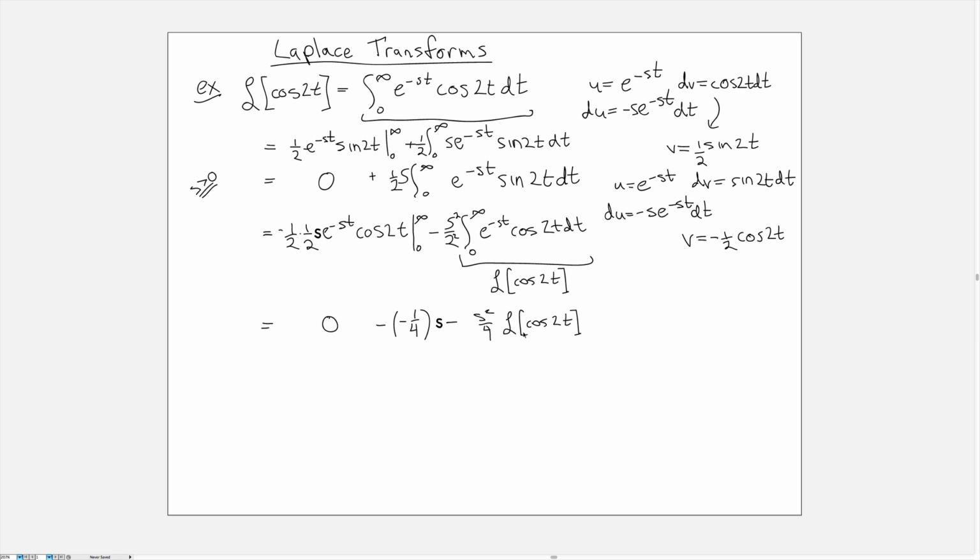So how do we figure out what the Laplace transform is? We have the expression on both sides. Well, if we just solve this for this expression, in other words, bring this over to the other side, and divide through by the coefficient in front of it.